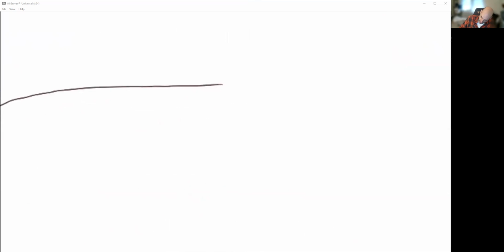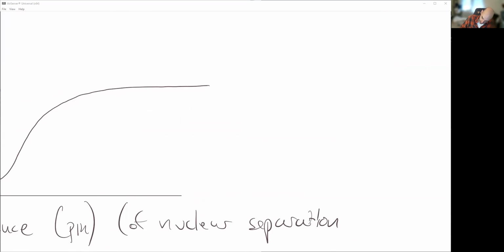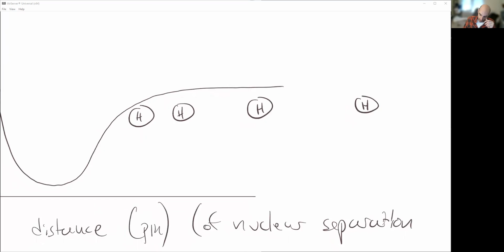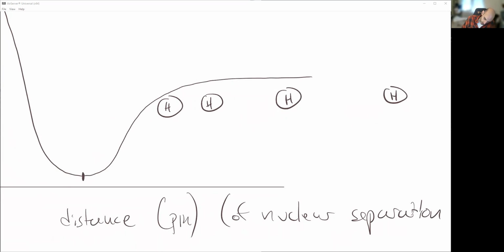Over here, where we have a reasonable energy, the two hydrogen atoms are very far apart. As we bring these two things closer together, the energy starts to dip, because the attractive forces between the electrons are starting to take shape. They're starting to find the electrons of their neighbor. Eventually, at this minimum here, we have the perfect overlap that results in a bond for these hydrogens. So this overlap right here is where that bond is happening.